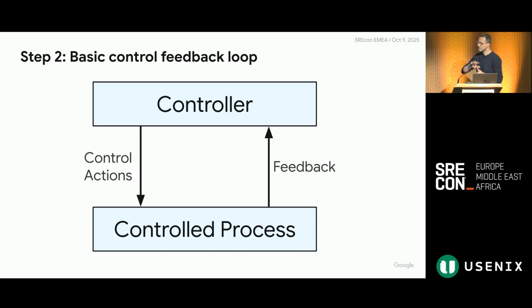They base their decisions on feedback coming from other parts of the system, often directly from the control process that they are controlling. And with this simple control structure built, we now have the framework to reason about how our controllers might make decisions that result in a system hazard. And we'll do that in the next part of the analysis, which is step 3.